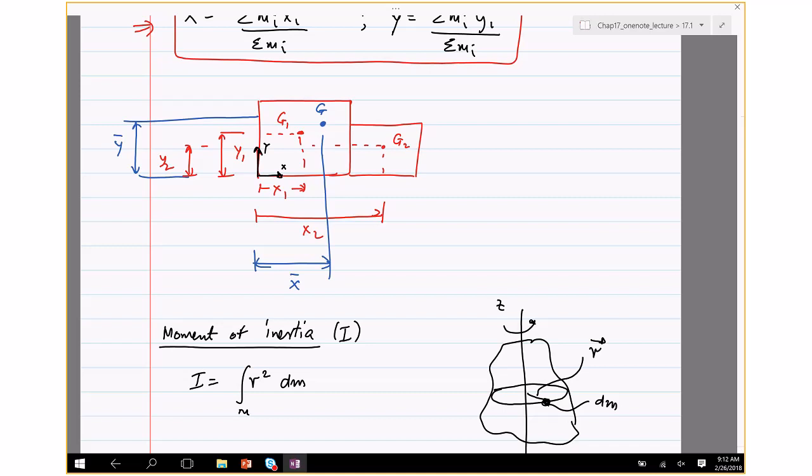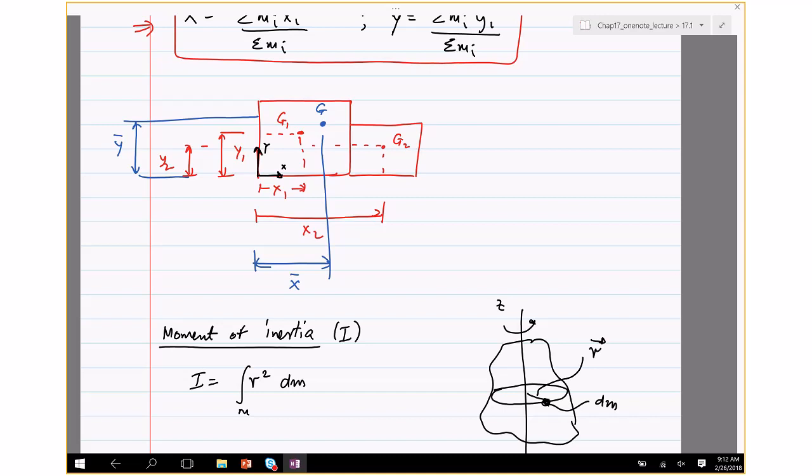You probably came across this in calculus when you were doing double integrals, triple integrals, you were computing moment of inertia, right? You're not expected to know double and triple integrals, but you are expected to know some of the formulas, which I'm going to show you in a bit.